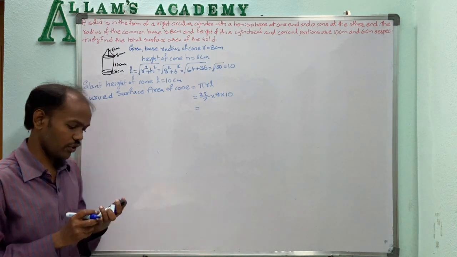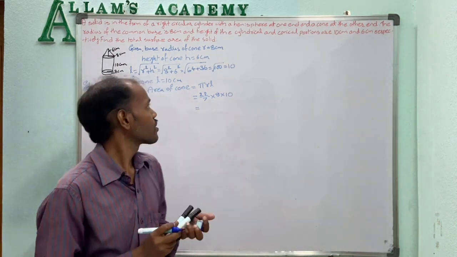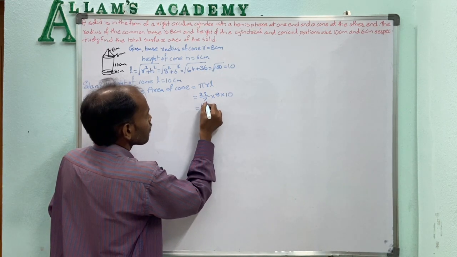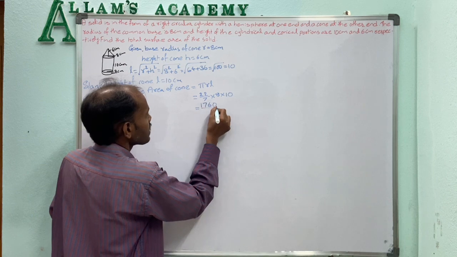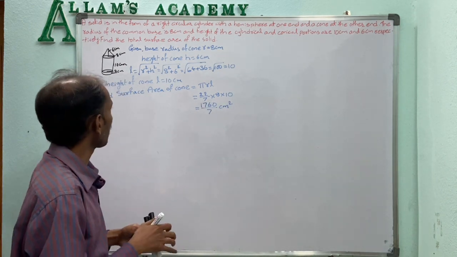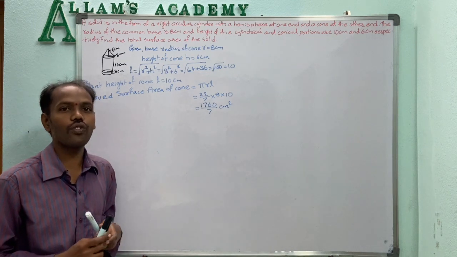So 22 into 8 into 10 is 1760 by 7 centimeter square. So it is the curved surface area of the cone.